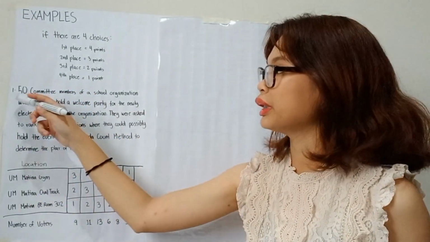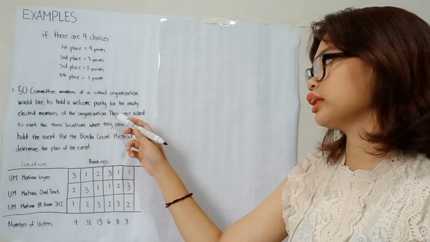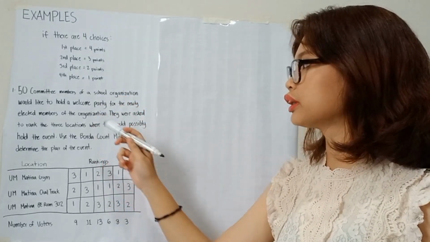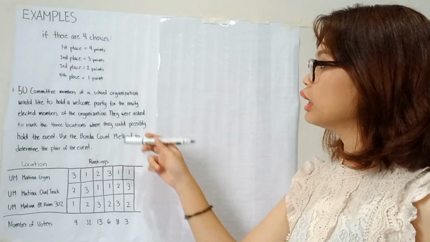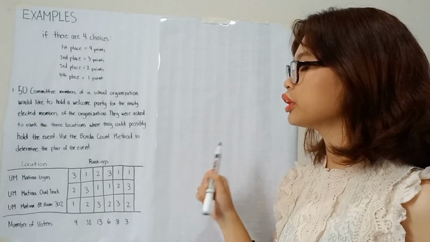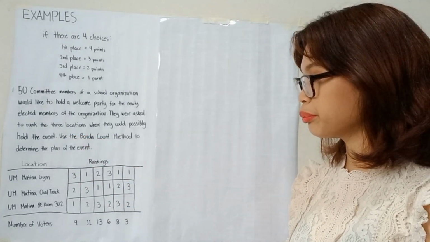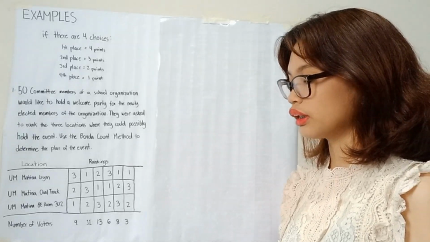50 committee members of a school organization would like to hold a welcome party for the newly elected members of the organization. They are asked to rank the 3 locations where they could possibly hold the event. Use the Borda count method to determine the place of the event.